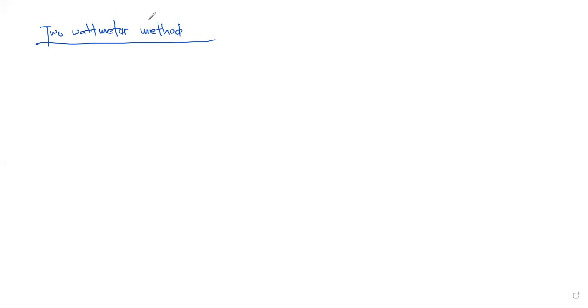So we employ two wattmeters to measure power in a given three-phase circuit. And then what we do is we have some mathematical computations. Okay, so that will indicate the total power drawn by the entire circuit.